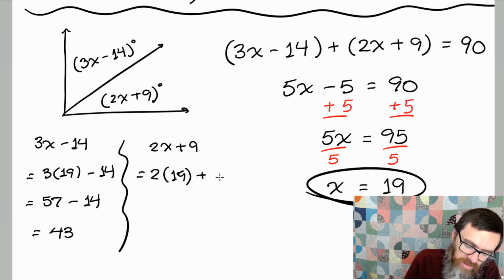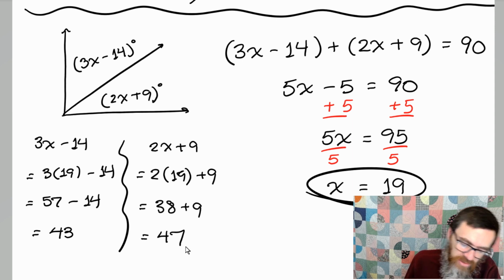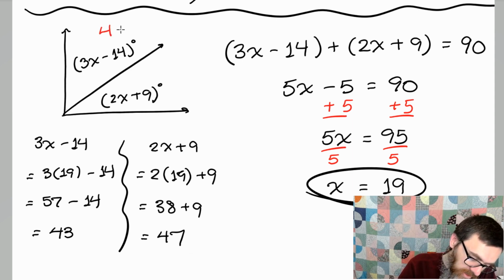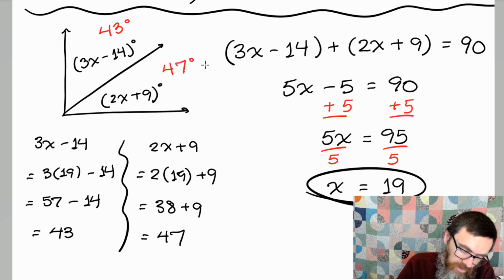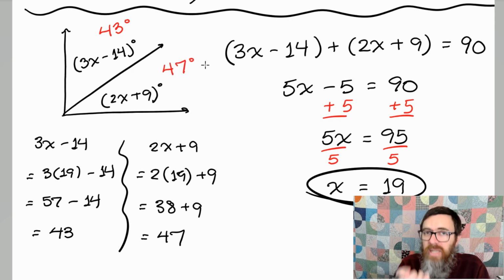So plug in the 19. So we have 38 plus 9, which equals 47. So this guy here is 43 degrees, and this one is 47 degrees. Find x, but make sure that you answer the question. If it says find the measure of each angle, you need to make sure that you do that and that you state it clearly.